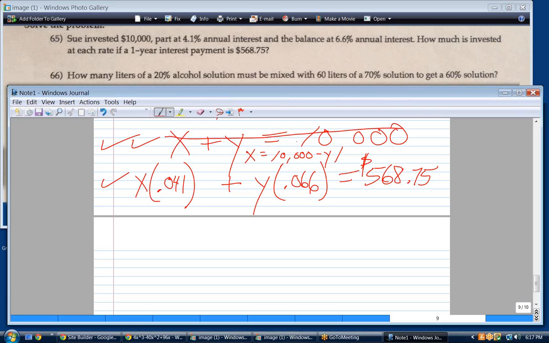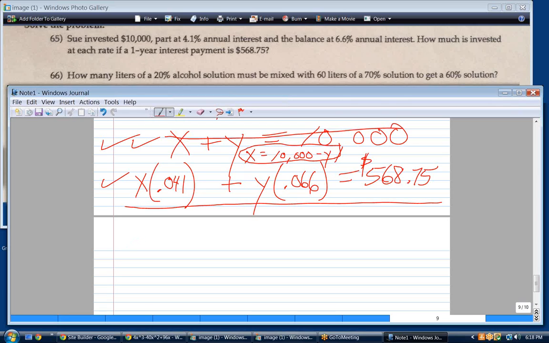So now I'm going to use substitution to solve this. Wherever I see x, I'm going to substitute 10,000 minus y. So now let's rewrite this second equation using the substituted values. So tell me what to write.